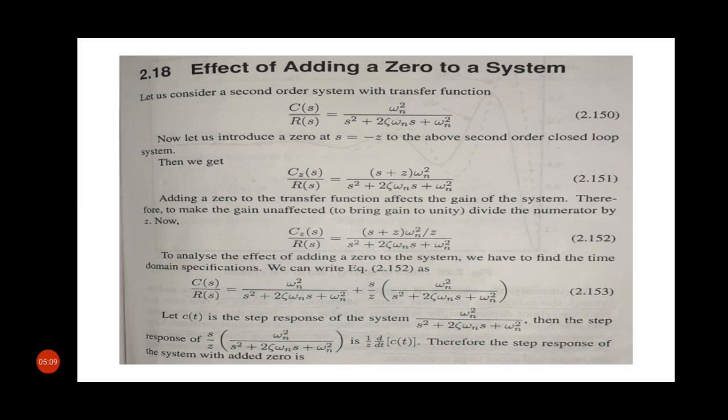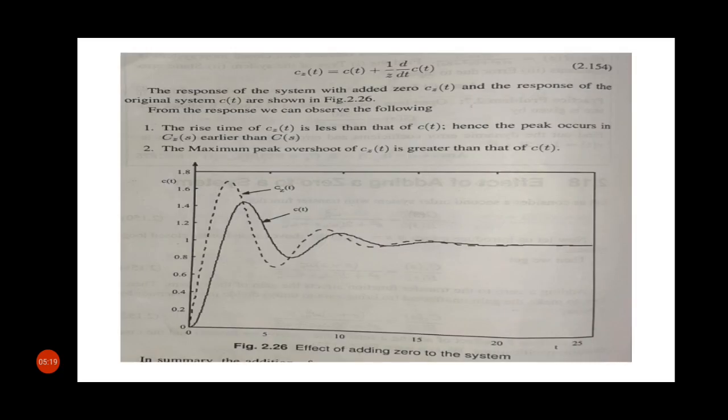Therefore, the step response of the system with the added zero is cz(t) equal to c(t) plus 1 by z d/dt c(t), and I give this equation the number 2.154.